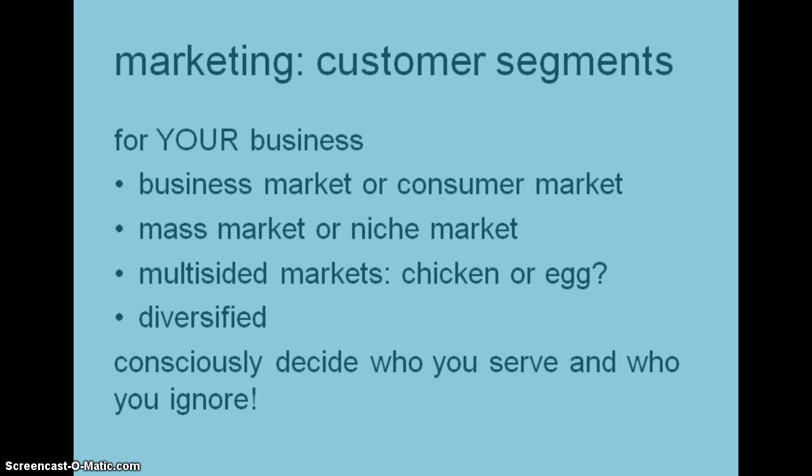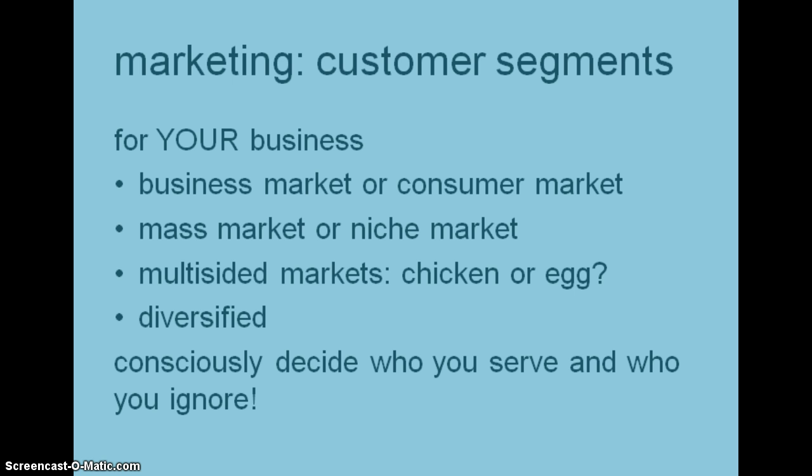And what is important is to really decide who you serve and who you ignore. And I mean that differently, especially when we talk about serving, as in maybe you sometimes went into a bar or a restaurant where you felt out of place and were ignored by the staff. That's something different. But in terms of customer segments, you have to really look at the group that you're targeting.